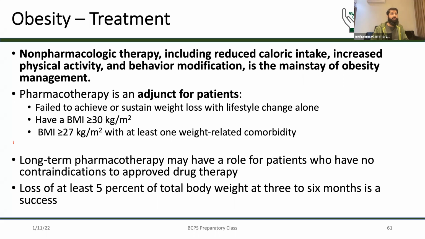This is very important. The patients who fail to achieve or sustain weight loss with lifestyle change alone, and have a BMI of more than 30 or a BMI of 27 but at least one weight-related comorbidity like diabetes or cardiovascular disease, in such patients pharmacotherapy is an adjunct, it should be added.